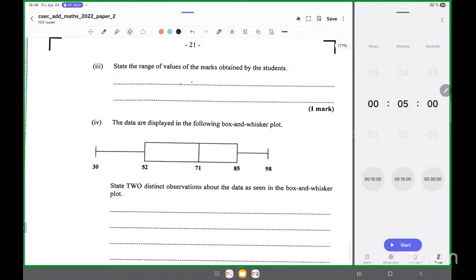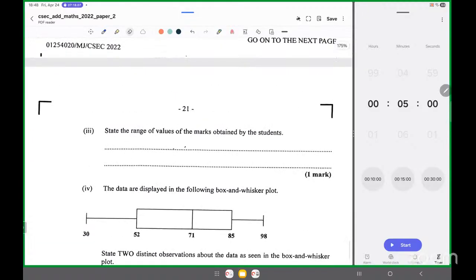By the way, what is the range? It is 98 minus 30, which is 68 marks.